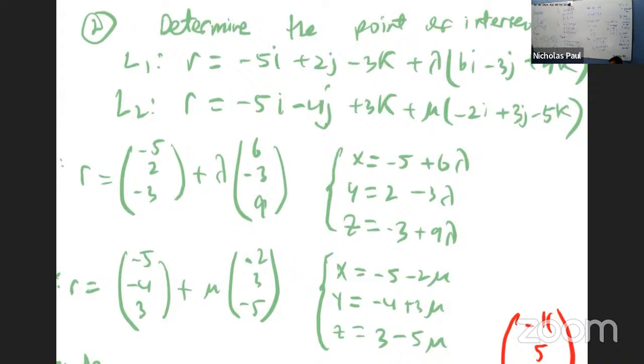That's a good idea. Right? If they intersect, find the point of intersection.